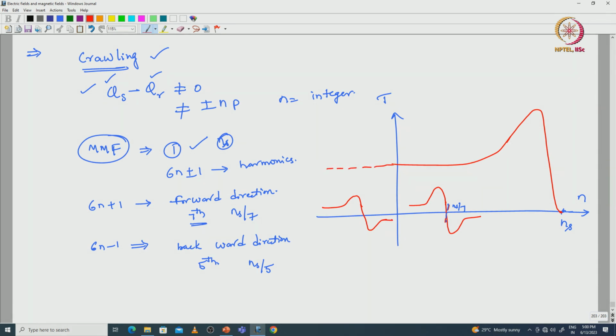If the resultant torque is cumulative with respect to all these three, the fundamental, the seventh harmonic and the fifth harmonic, and if we draw the resultant torque speed curve, then it will be in this manner. This blue colored one is the resultant torque.